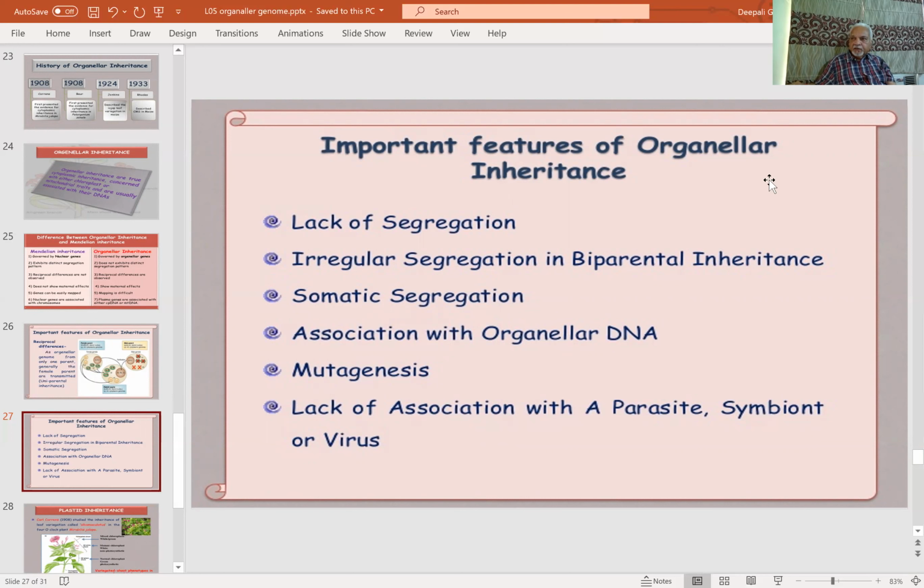So organelle DNA is free from these interactions. They don't attack the organelle genome, whereas they affect the nuclear gene. So these are some of the key features of organelle inheritance.